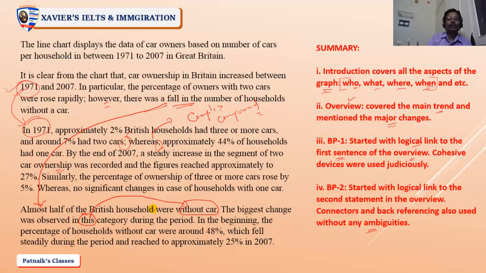You change your role. You just think as if you are the examiner and you are the reader. From that point of view, you read the essay and wherever there are ambiguities or a little bit of doubt, it will come to your mind, and you immediately correct those things and try to remove those doubts or ambiguities. Then definitely you will have a better write-up for task one, right?